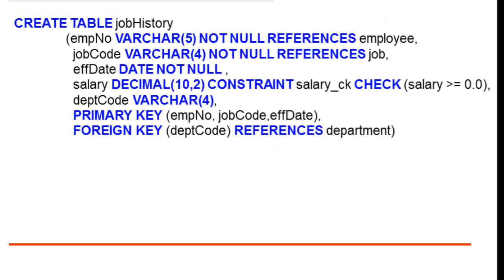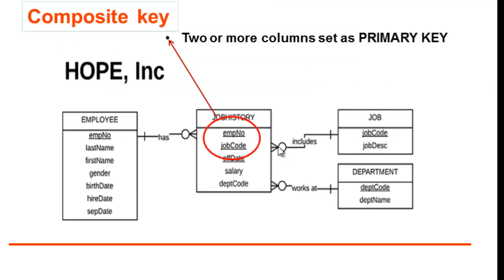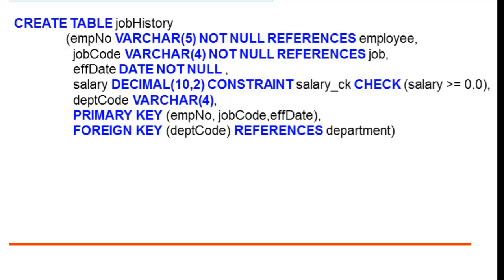All values that entered at empno and job code are cross-referenced with employee and job tables. The setup increases the referential integrity of the table, which means no value will be entered unless it exists on the two tables.